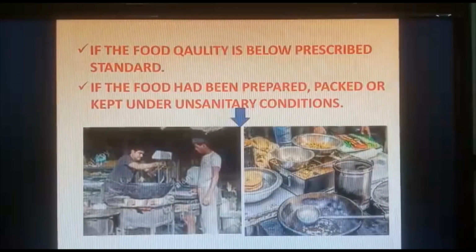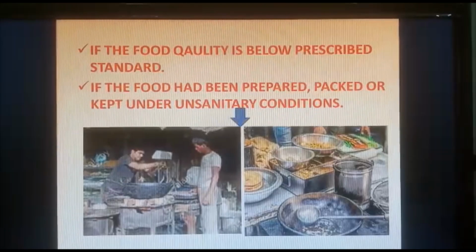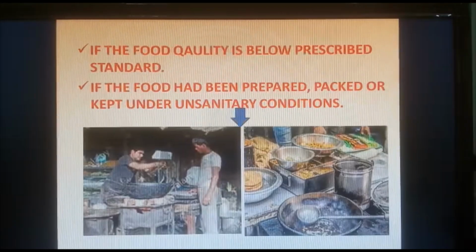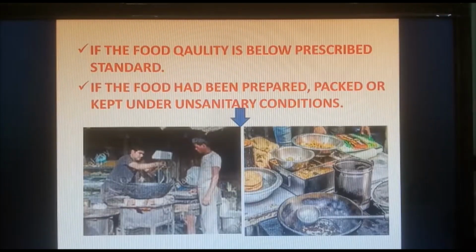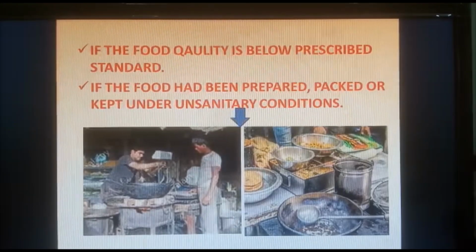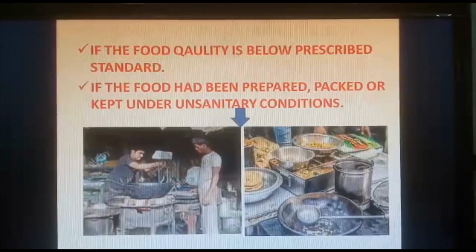So food quality is the quality characteristics of the food that is acceptable to the consumer and safe for their health. In case the food is not safe for the consumer's health, if it is harmful for human health, that means the quality is low or below standard.